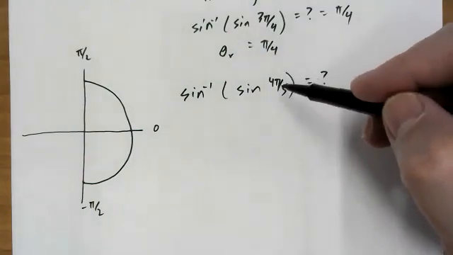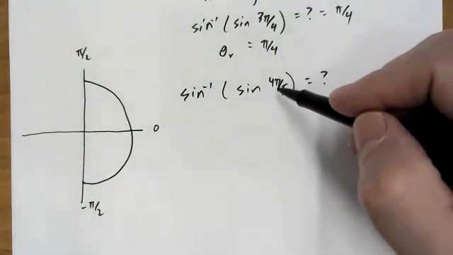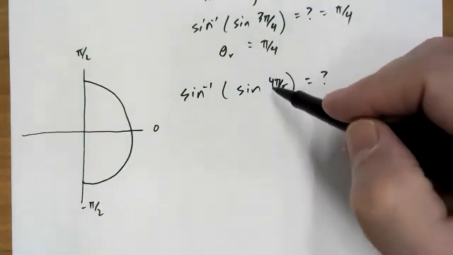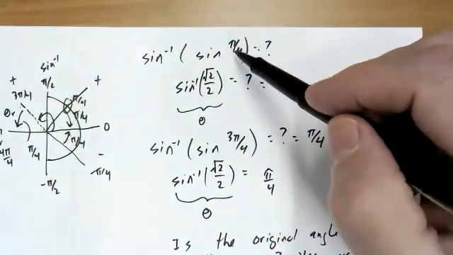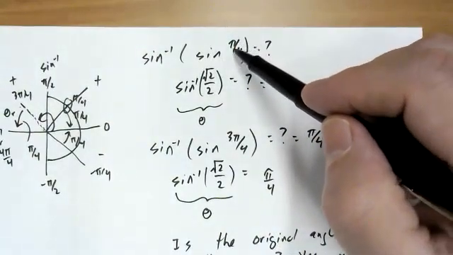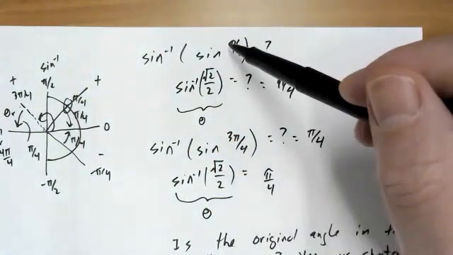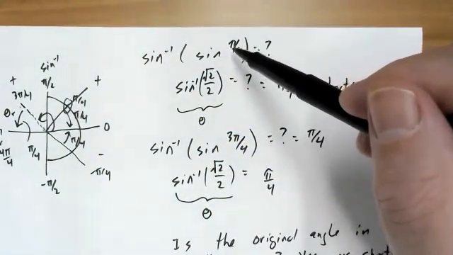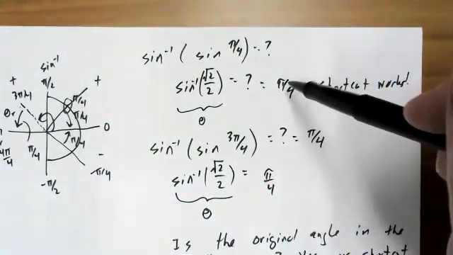So the first thing you have to do on all these problems is find your angle. Let me emphasize that: you have to find your angle. Up here, first thing I did, I found my angle, pi over 4 is right here. Then I was able to answer the question, is this in the OK region? And yes, it was. Therefore, I could use the shortcut.